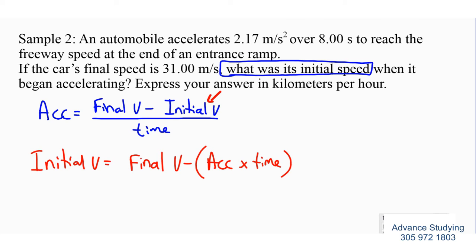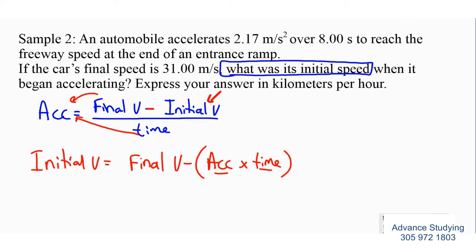Simply, I brought the time up and I brought the final velocity to my left, and I end up with this equation. Why minus acceleration times time? Because the initial velocity cannot be negative. Therefore, the signs were changed at the end.